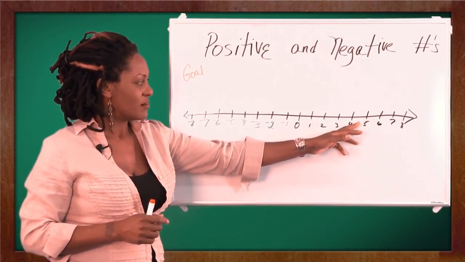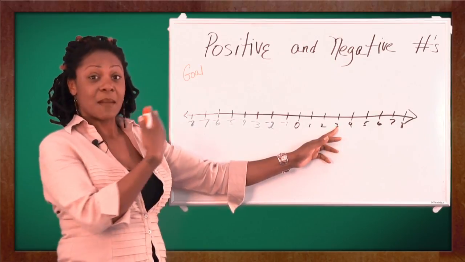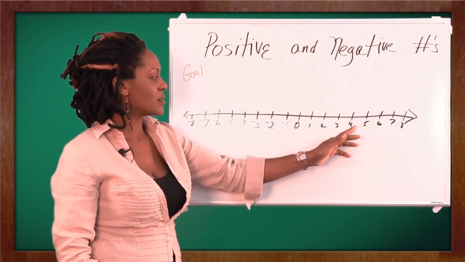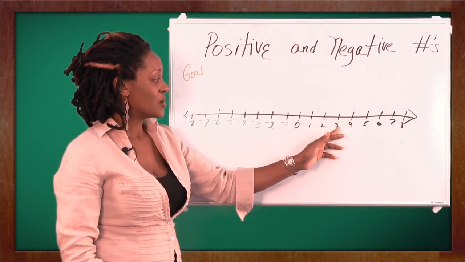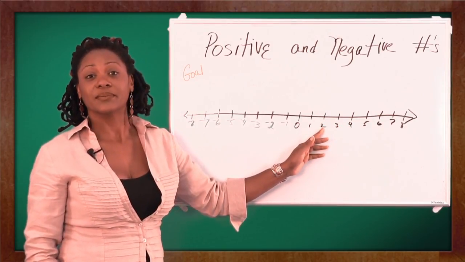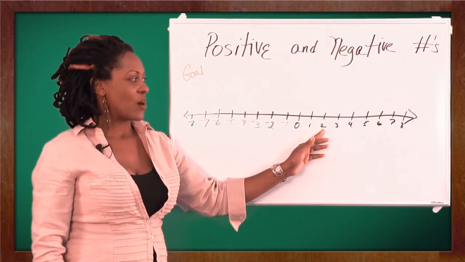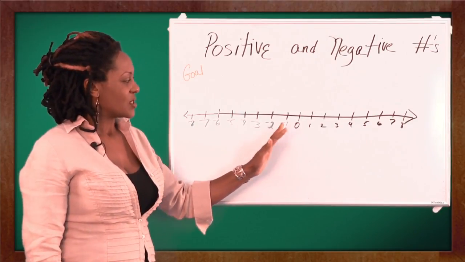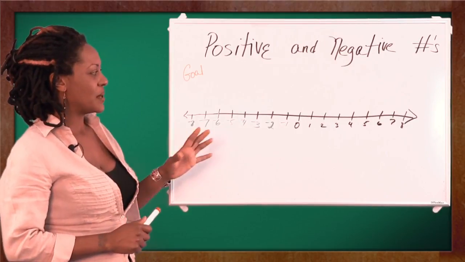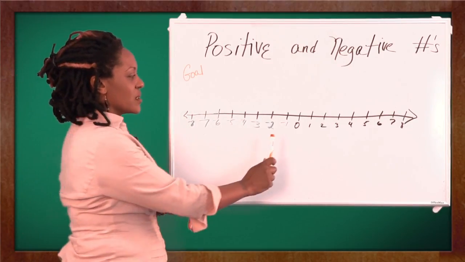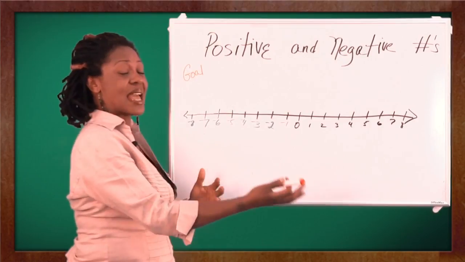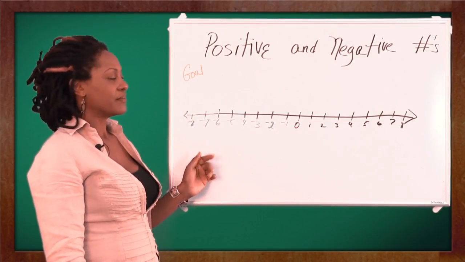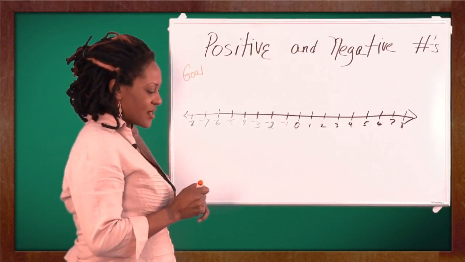You give me 1, 2, and 3, now you only owe me 2. So you get to visually see how that works when you have a number line. So again, let's really understand what's happening on the number line. Moving to the right, we have positive values adding to the number. Moving to the left, we're subtracting.